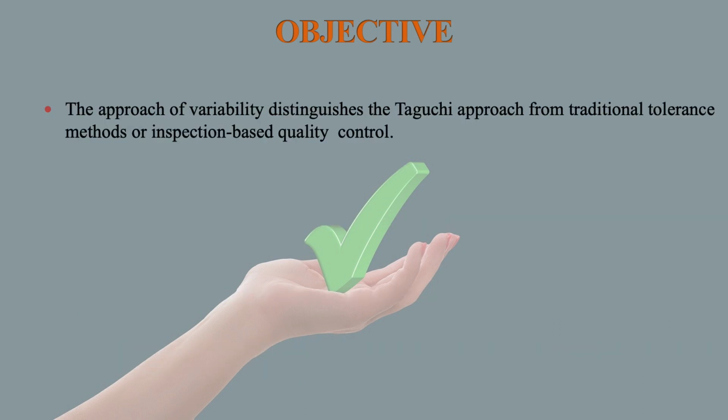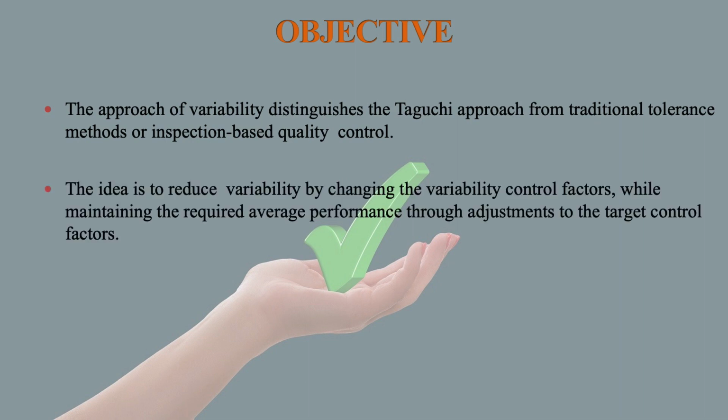The approach of variability distinguishes Taguchi's approach from traditional tolerance methods or inspection based quality control. The idea is to reduce variability by changing the variability control factors while maintaining the required average performance through adjustments to the target control factors.